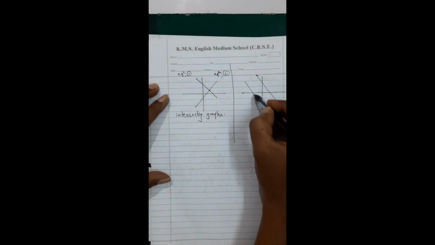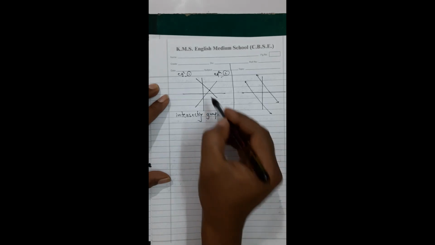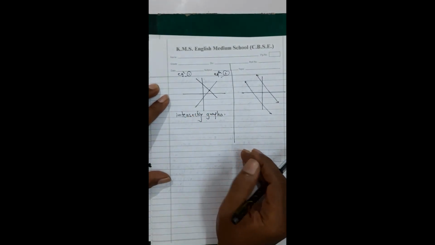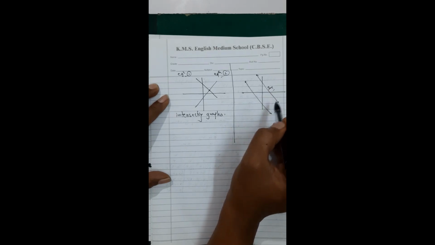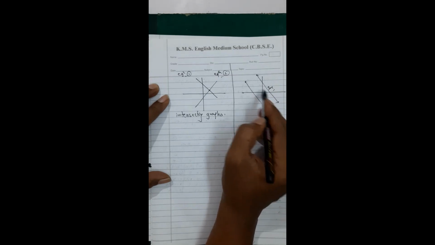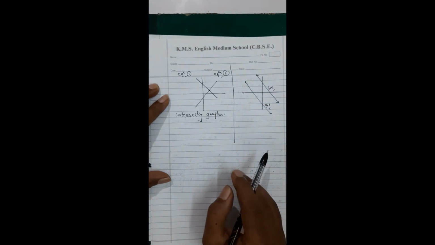They can be like this also. Is it necessary that they will be only intersecting every time? No. If we have equation 1 and equation 2, it is very much possible that the two graphs will run parallel to each other without intersecting, in any direction.